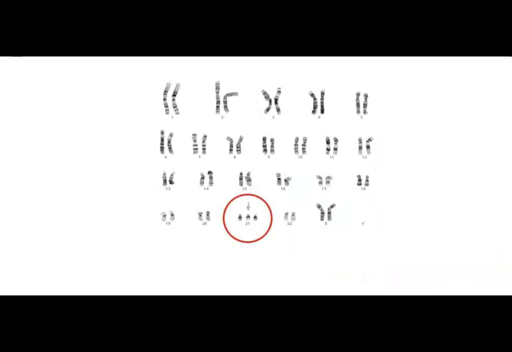So here's our abnormal karyotype, and right away I know a few things. I know I'm looking at a diploid cell, so this is a cell from the body. We call that somatic. I can also see when I look down at where the 23rd pair of chromosomes would be, that I have two X chromosomes.